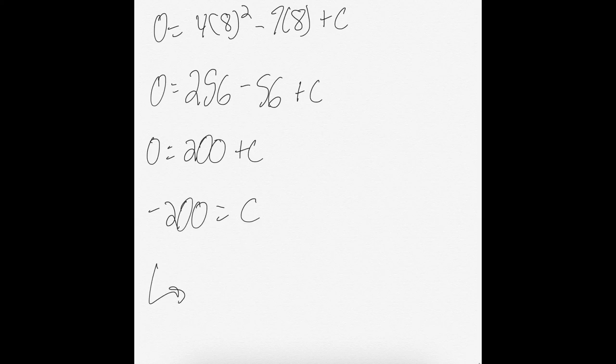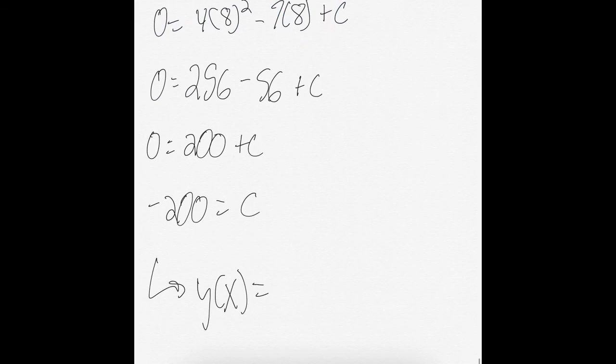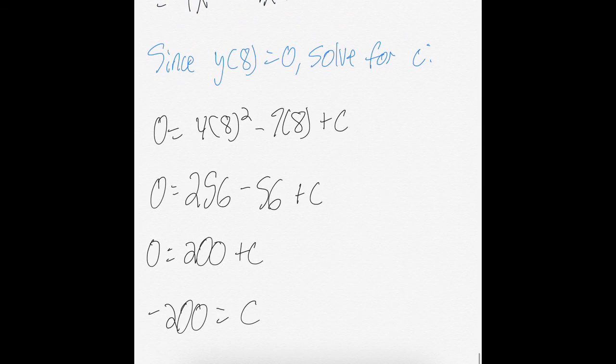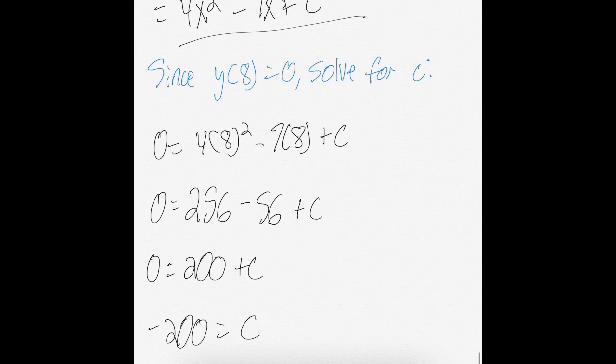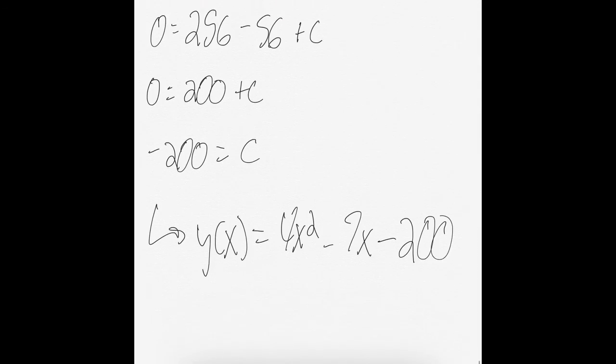That gives me 0 equals 8 squared is 64. 4 times 64 is 256. So that's going to be 256 minus 56 plus c. So 0 equals 200 plus c, and negative 200 equals c.